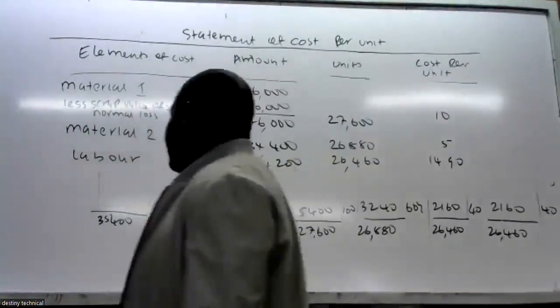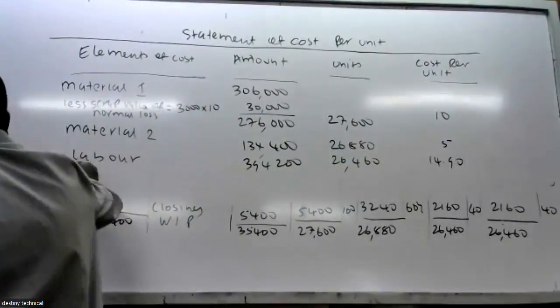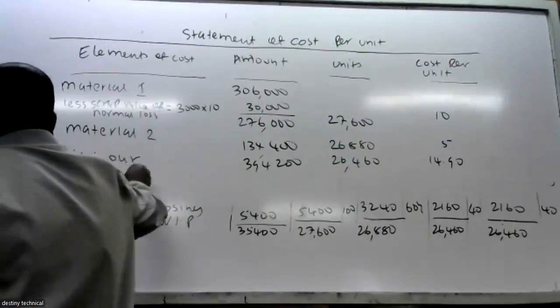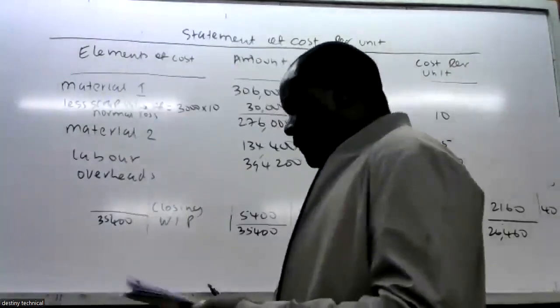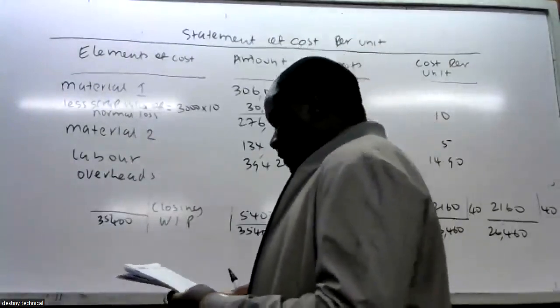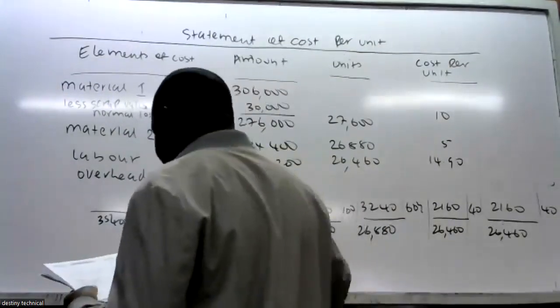The last one is overheads. Overheads is 525.